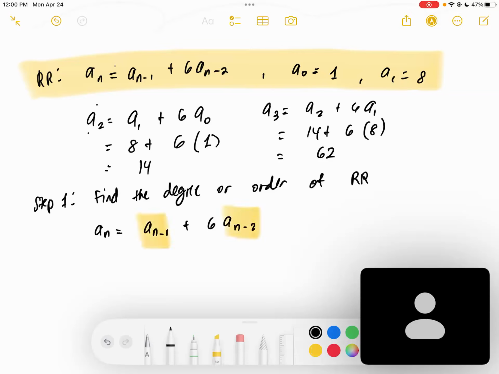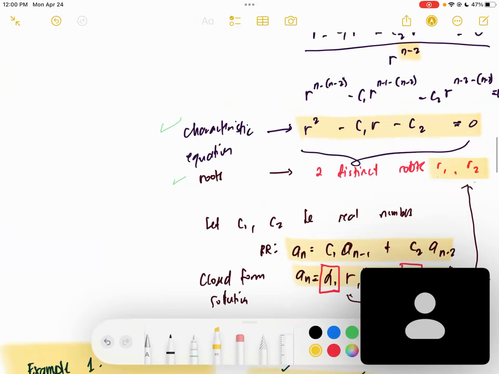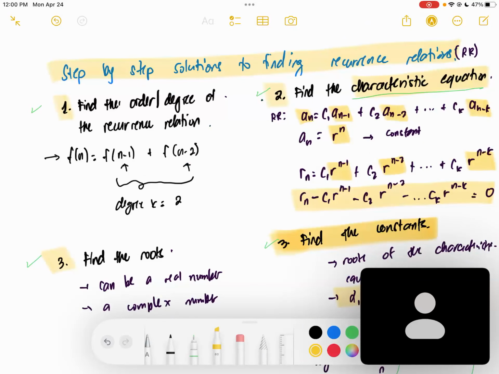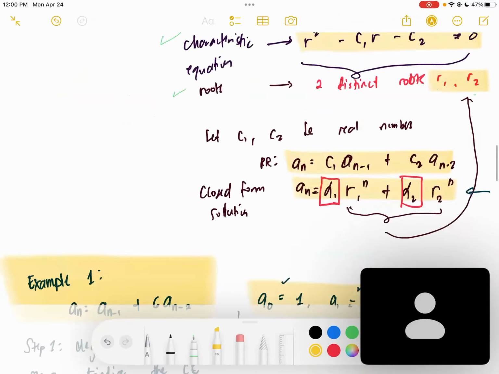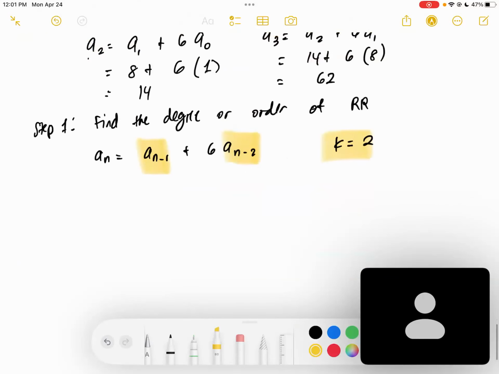So we can say that k is equal to 2. If you remember, this is how we can have the solution: find the order, followed by finding the characteristic equation, finding the roots, and finding the constants. You can review the previous video if you still don't understand what that is.